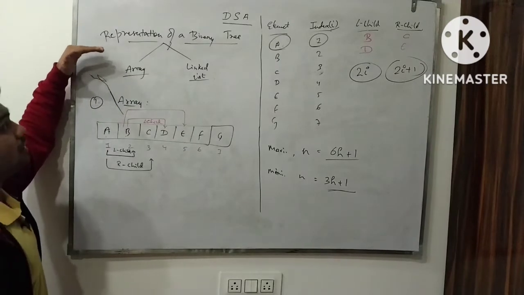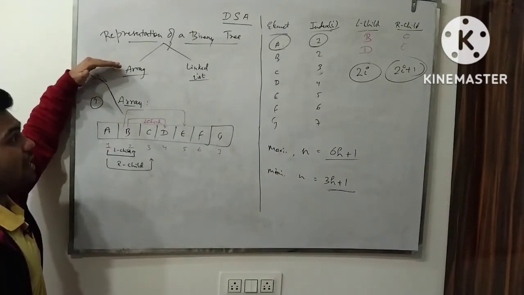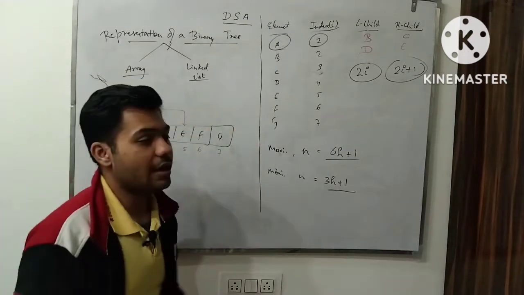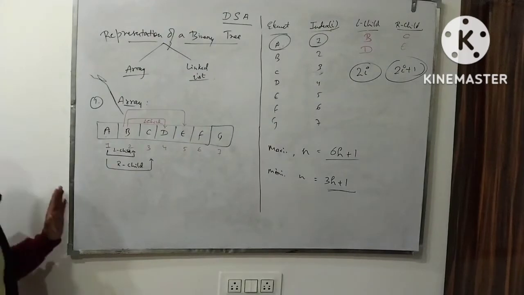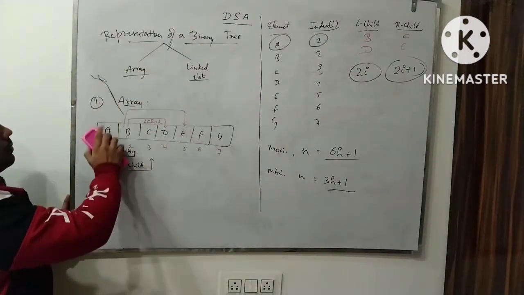What we have seen is that the representation of the binary tree can be done in two ways, array and linked list. With the array we have studied this, and now we are going to study how we can represent a binary tree in the form of a linked list.